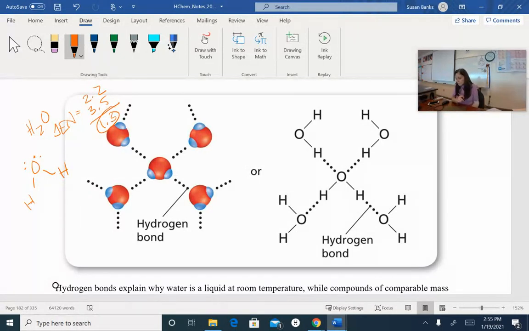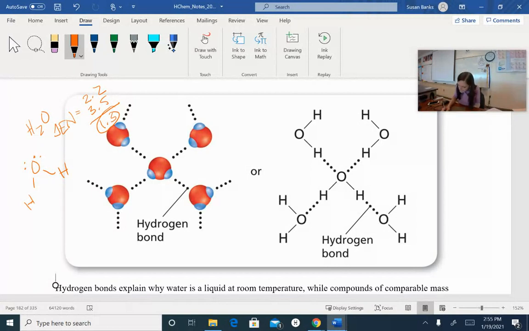The other thing that makes the hydrogen bond so powerful is hydrogen and oxygen are both very, very small atoms. So they can fit in tiny spots. So we've got a very strong electronegativity difference in a very small area.